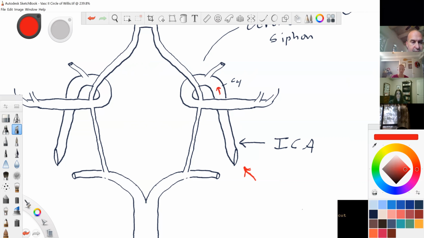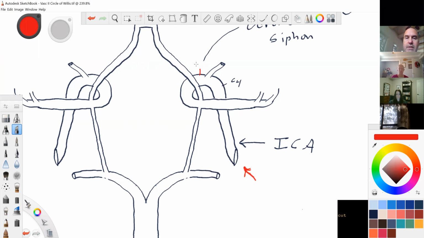Actually, I'm going to hold off on putting those in, because, yeah, it's all artery, it's all red, right? Except when we're viewing a curved, tortuous artery like that, sometimes it's going to be red, sometimes it's going to be towards us, and sometimes it's going to be away from us. But let me hold off on that.